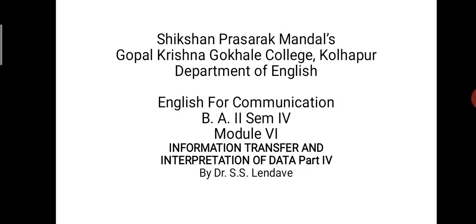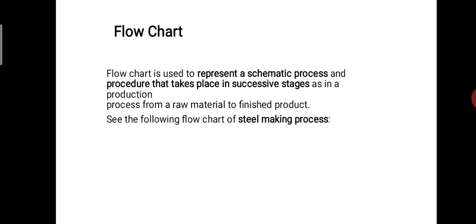In flowchart, we are going to learn how information is presented through a process. See, here is an example. A flowchart is used to represent a schematic process and procedure that takes place in successive stages, as in a production process from a raw material to a finished product.